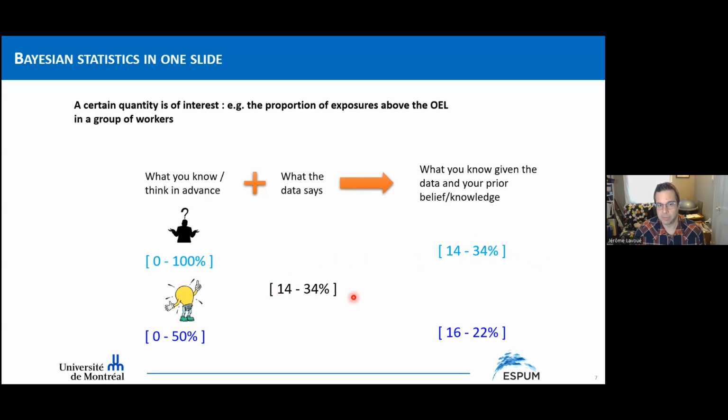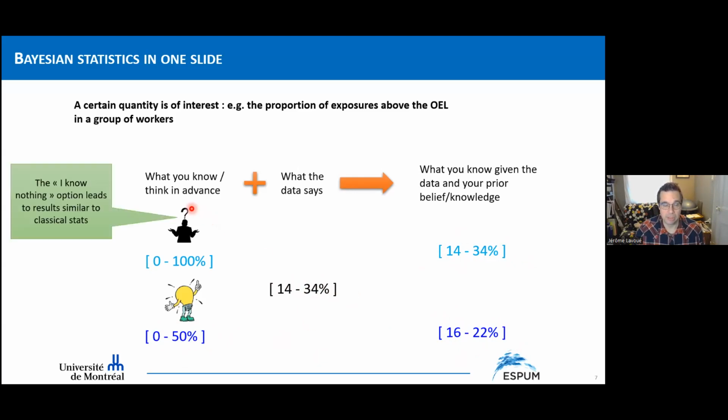So it's the same confidence interval. But in the case where you stated some prior knowledge, and because it was somehow coherent with what the data had to say, in the end, you see that the confidence interval is thinner compared to the one above. So it means that the merging of these two sources of information has reduced the uncertainty. Okay, so that's the essence of Bayesian statistics.